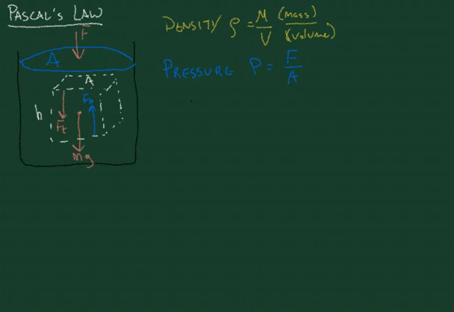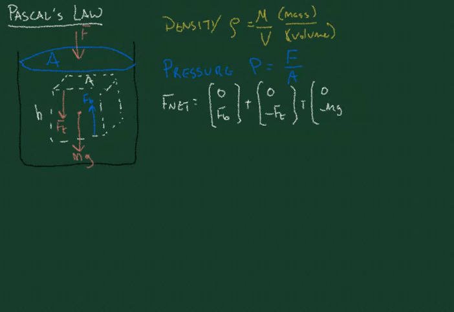So if we look at our net force, we have a buoyant force, the force from the bottom pushing up. We have a minus force from the top pushing down. We have a minus force of gravity. And we know that equals 0 because, once again, we're looking at a fluid that's not moving, so it's in static equilibrium.